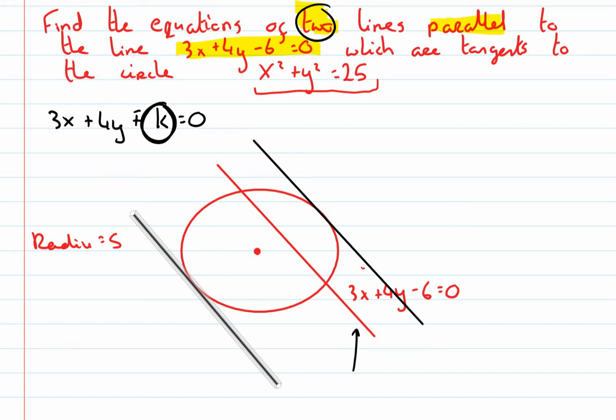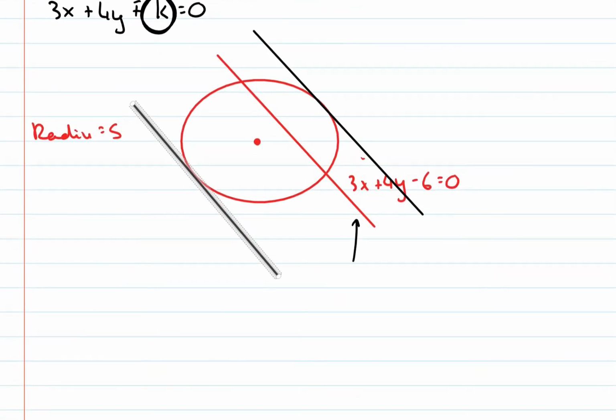Well, the first thing I know is that those two tangents are going to be in this form: 3x plus 4y plus or minus some number k equals 0. The reason I know that is because they're parallel to this, so it's going to be the same x number, the same y number, and just a difference in this.